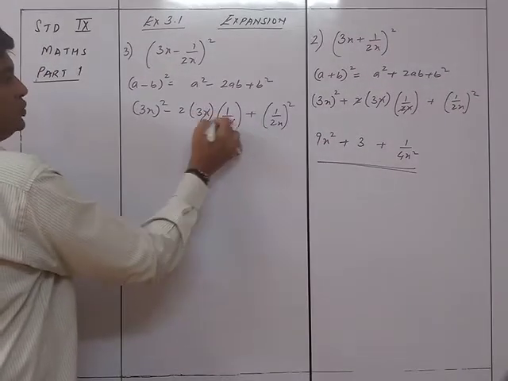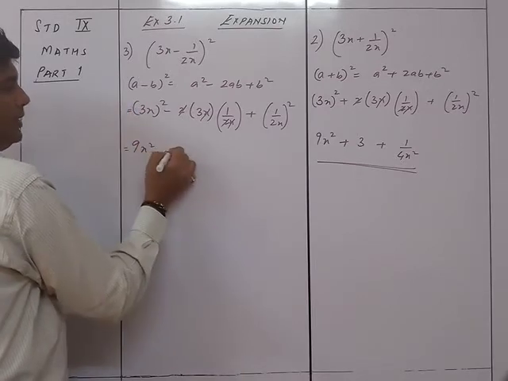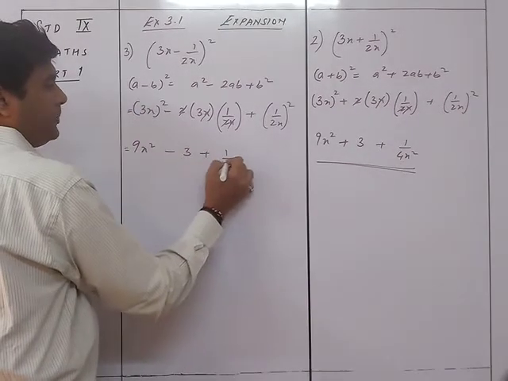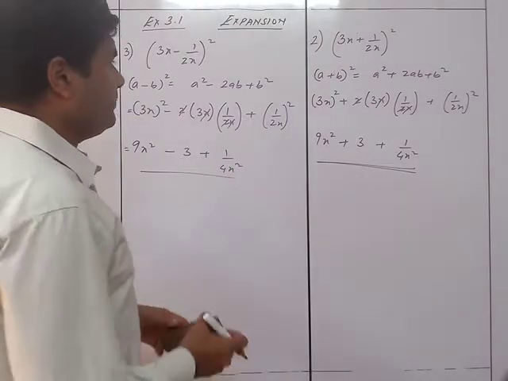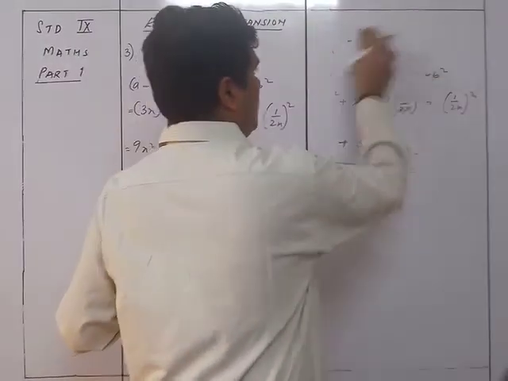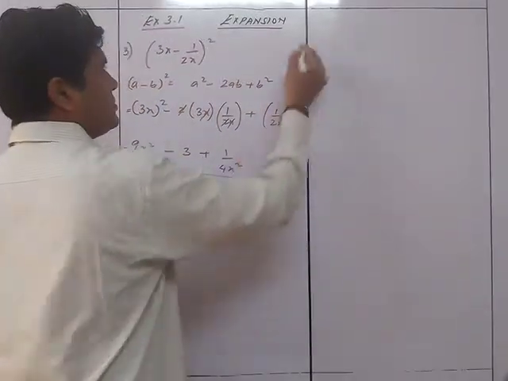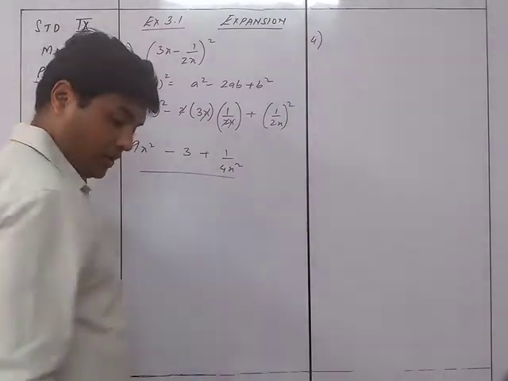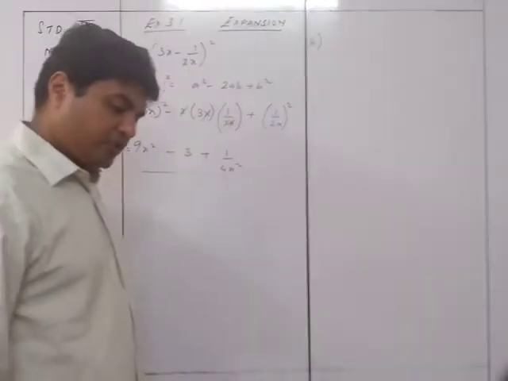So x and 2 cancel, so it is 9x square minus 3 plus 1 upon 4x square. So that's the answer for sum number 3. We now move on to sum number 4. There are 4 sums in it, so we'll do the first and the third one.